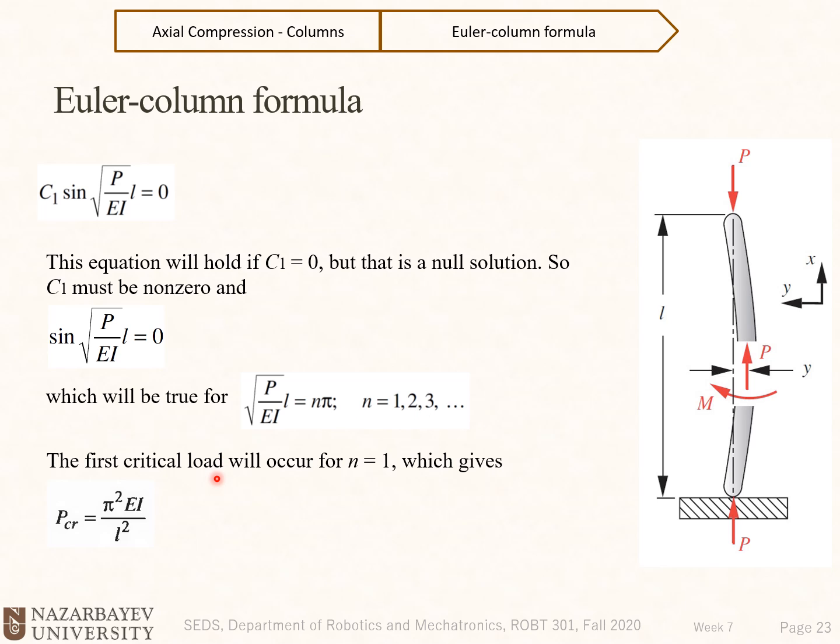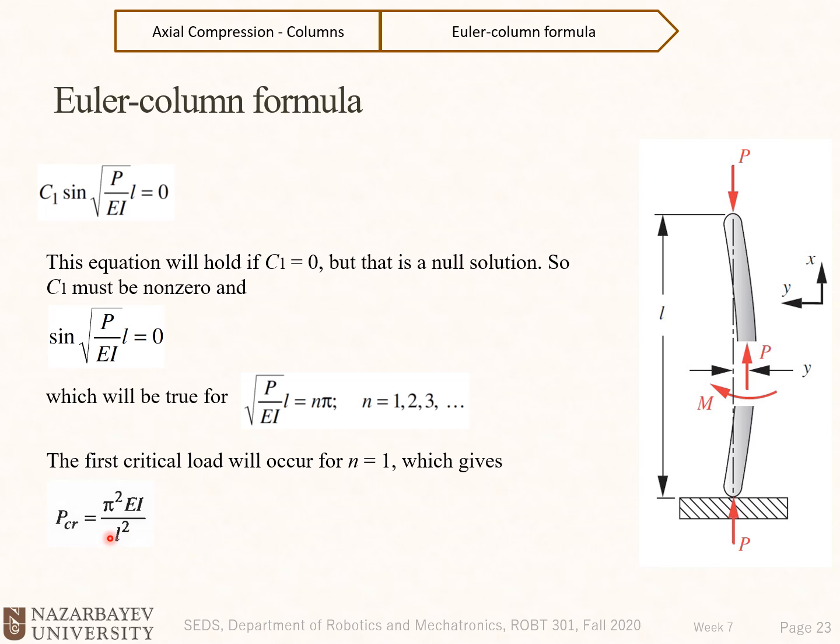The first critical load will occur for n equal to 1. So this is basically the lowest critical point, and we are interested in the lowest one. So P critical then will be equal to pi squared EI divided by L squared, okay?